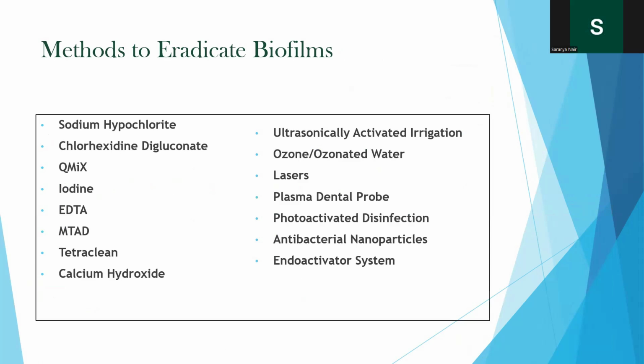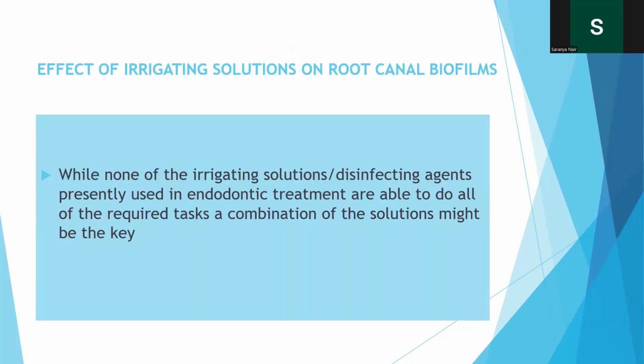To eliminate it during the root canal procedure, we can use various irrigants such as sodium hypochlorite, chlorhexidine gluconate, Cumix, iodine, EDTA, MTAD, tetracycline, calcium hydroxide, and various agitation techniques such as ultrasonically activated irrigation, ozonated water, lasers, plasma dental probe, photoactivated disinfection, antibacterial nanoparticles, and an EndoActivator system. By using these irrigants and irrigant activation systems, the biofilm can be eliminated from within the root canal.